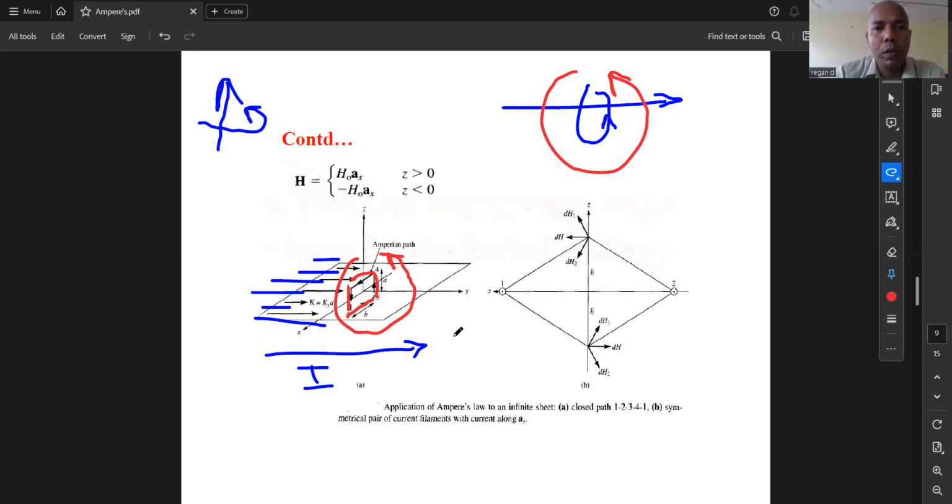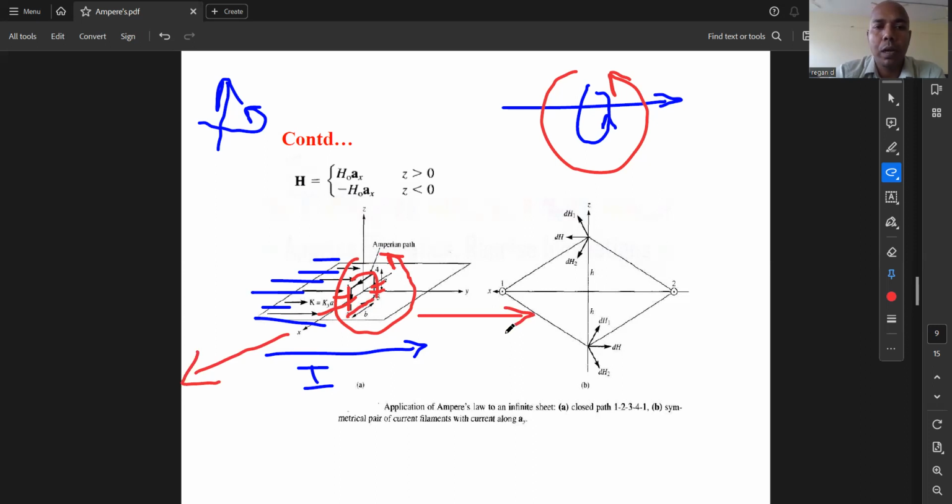So if you see the resultant magnetic field, 1 to 2 and 3 to 4 are equal and opposite, so they cancel each other. So we can write the magnetic field finally, which is available only in the other directions. Current is flowing in the y direction.